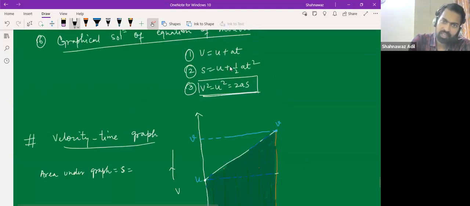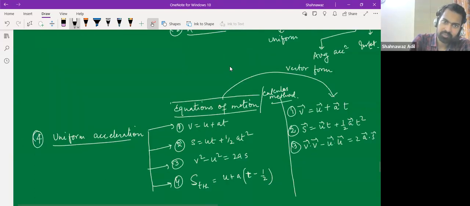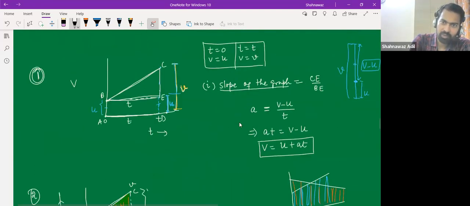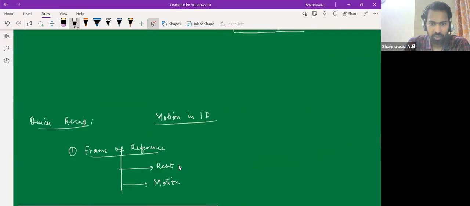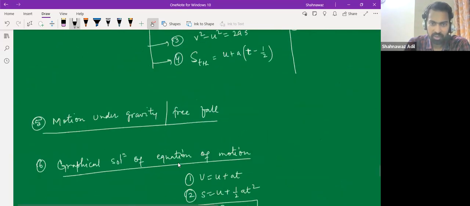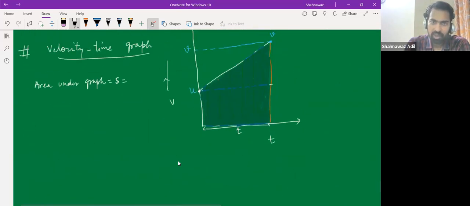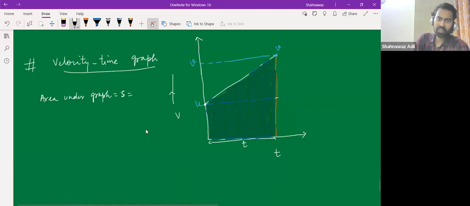So we did this problem here. Slope of the graph will give you acceleration, but area under the graph will give you distance. Correct? Okay. Now let us get back to what the area under this graph would be.